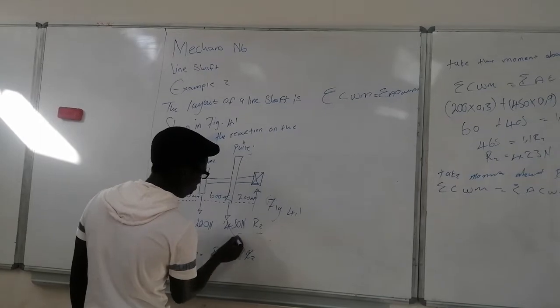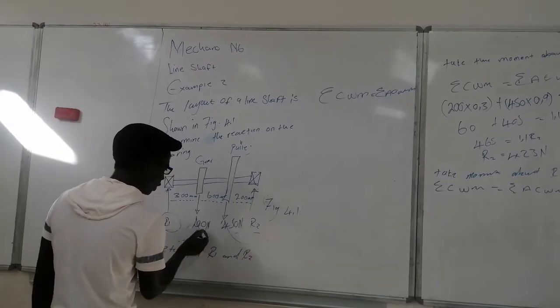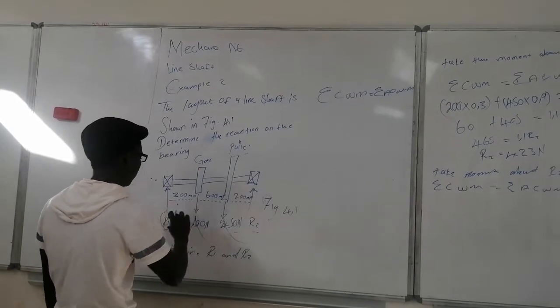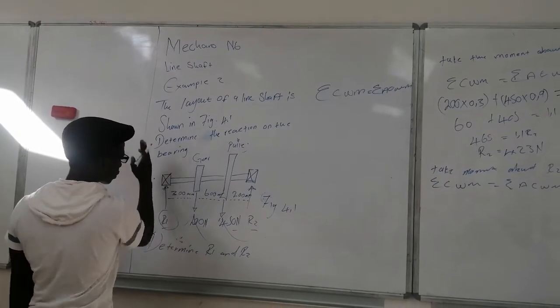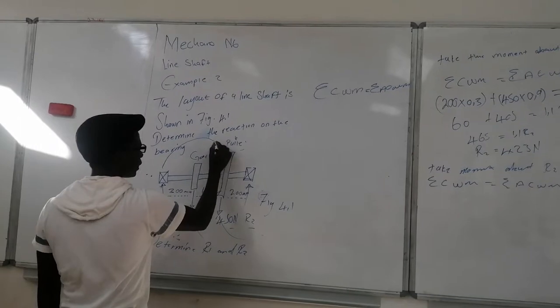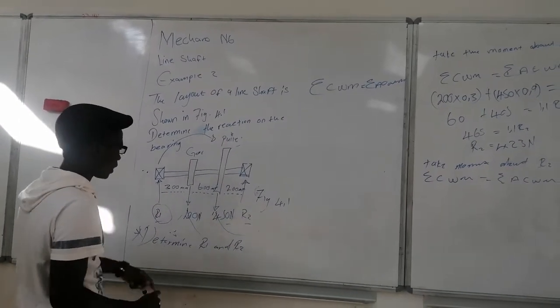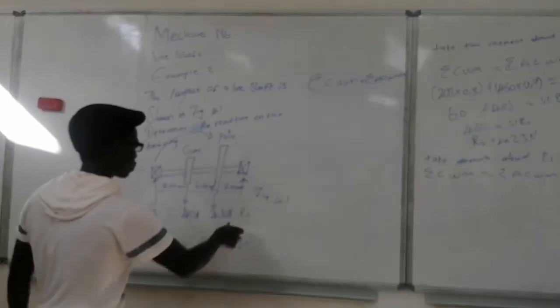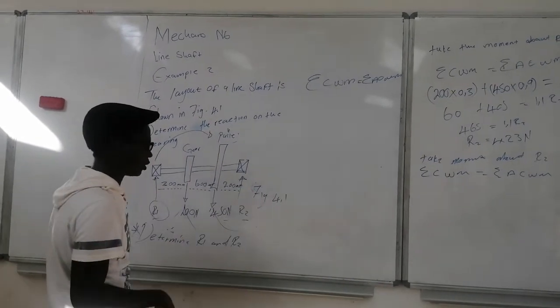Like for this one, it is going to turn like this. Even this force is going to turn like this. This point doesn't move, but this one, because it's pulling upward, is going to turn like this. So therefore, this is clockwise direction, and these two are anti-clockwise direction.